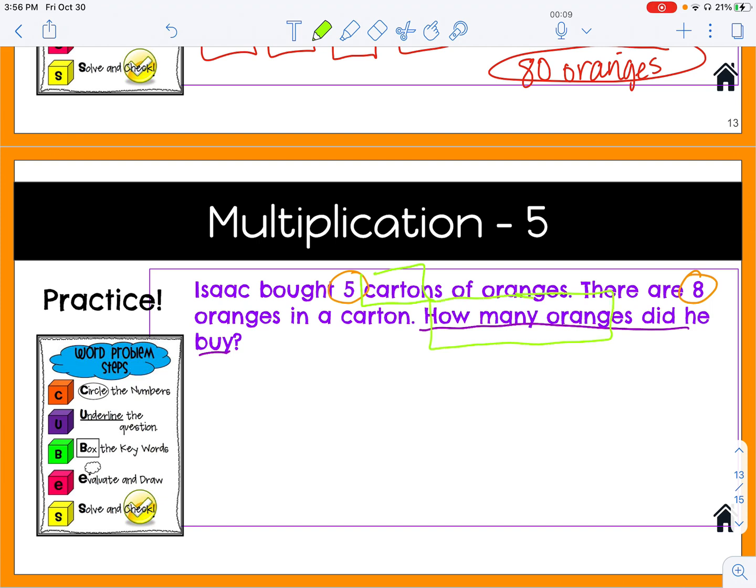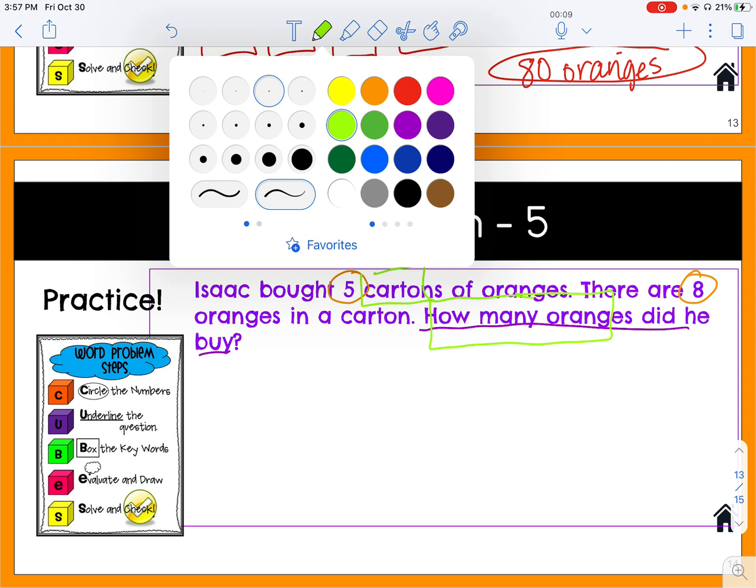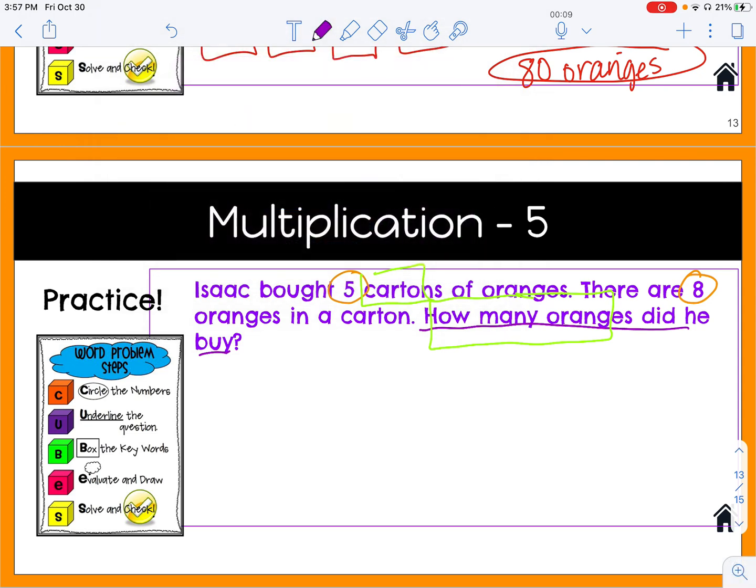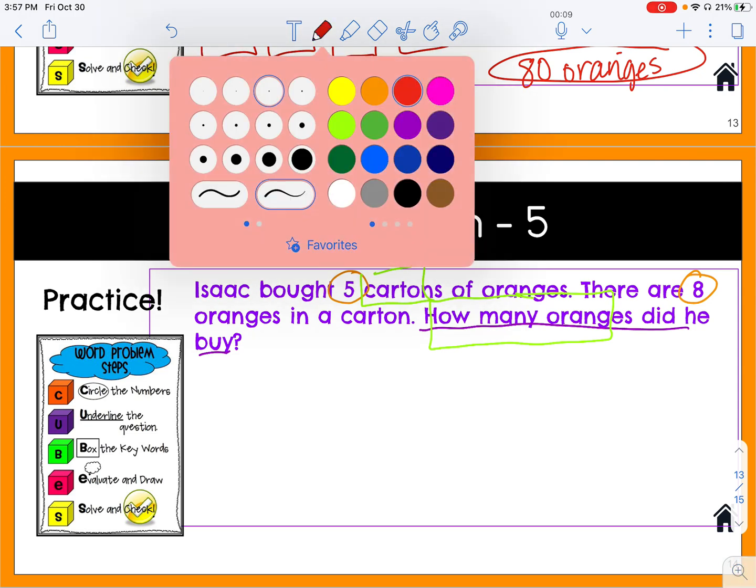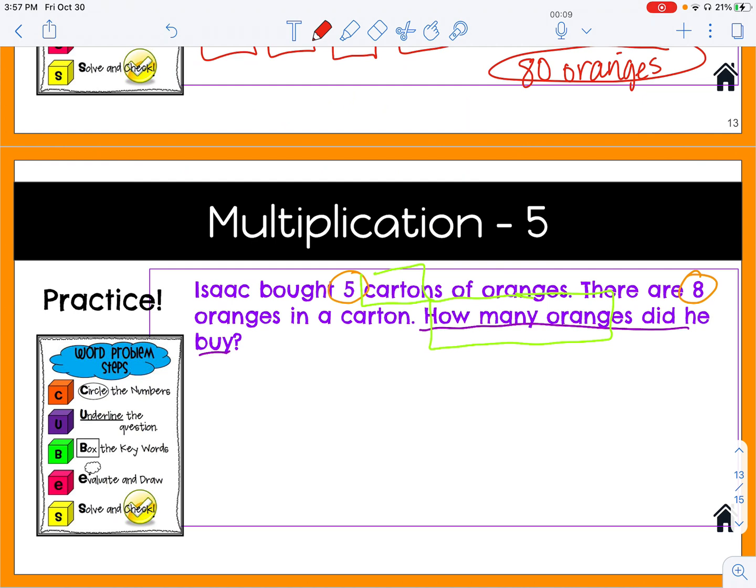So if I know from my previous problem, because I'm just going to borrow what I already know, I'm going to do this in red. So if we knew that 8 times 10 was 80, now I'm going to think, what is 80 divided by 2 to get to 5?